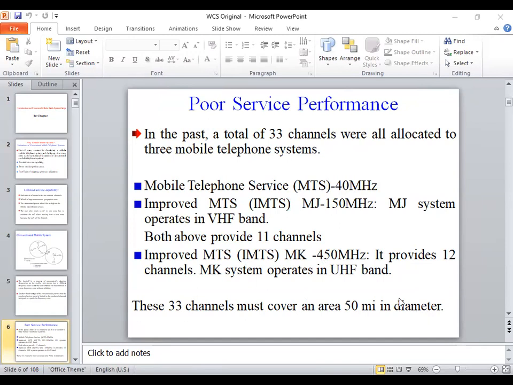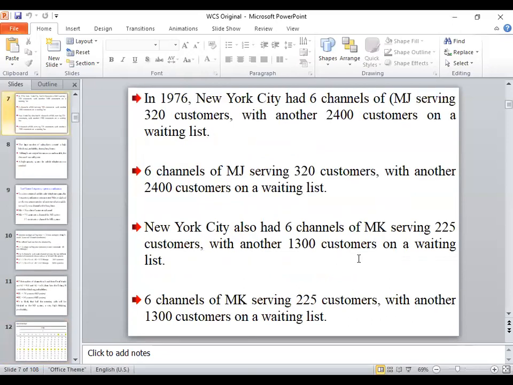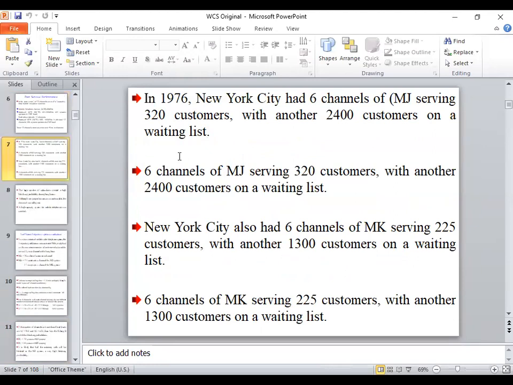In 1976, New York City had 6 channels. At that time, the MJ system was serving only 320 customers, with another 2,400 customers on the waiting list.